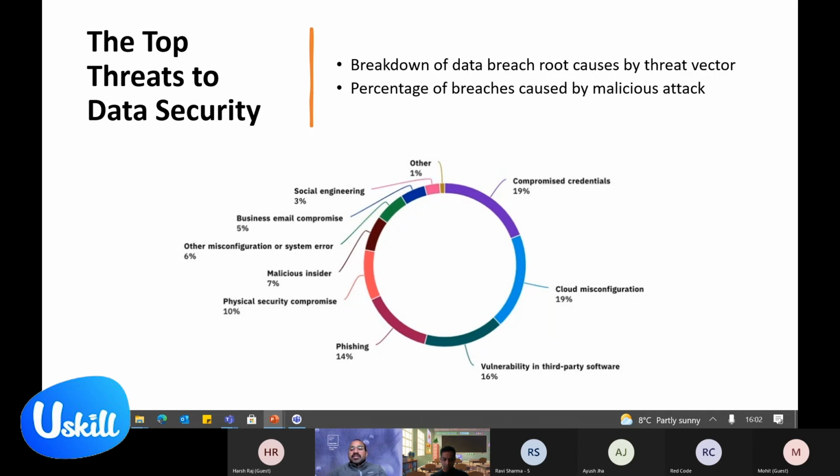So moving on to the next slide, as we have come across why data security is important, why it matters, we also should know what the threat vectors are, and how this data is being breached even after implementing so many severe and stringent security controls. It's not that any organization is not concerned about security.